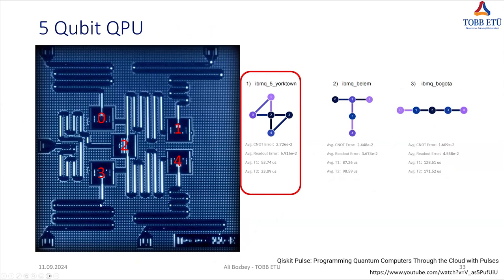This famous first IBM 5-qubit processor was based on this topology, but other topologies are also possible. For example, if you want a high T1 time or T2 time, then this seems to be more suitable. But then the entanglement between qubits is not so high.